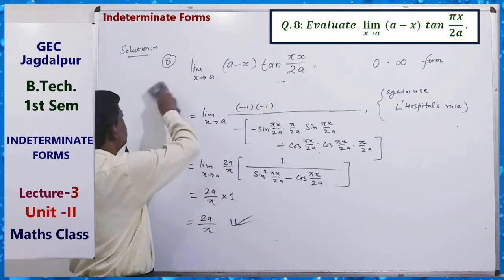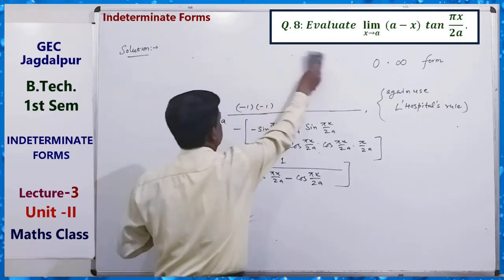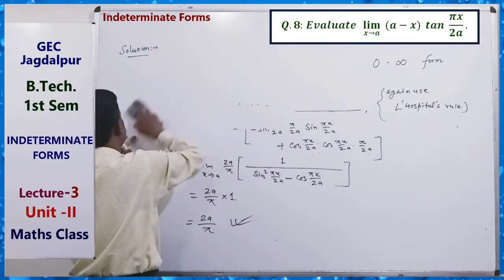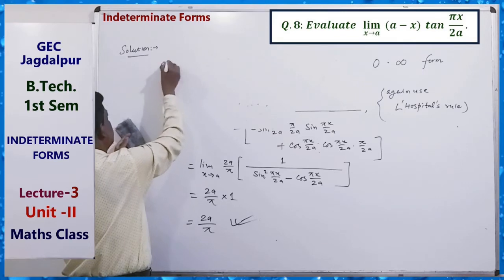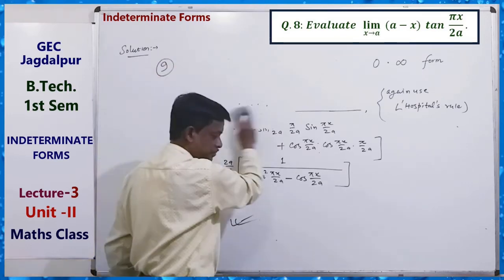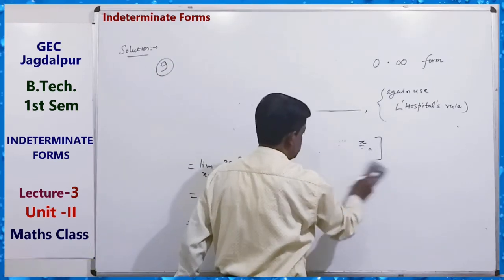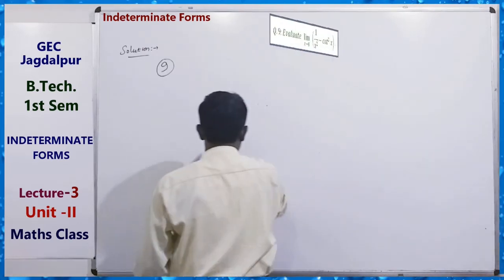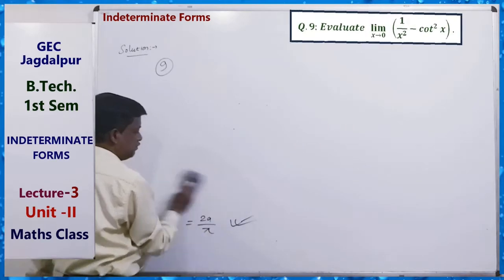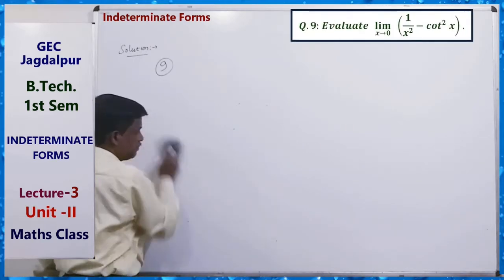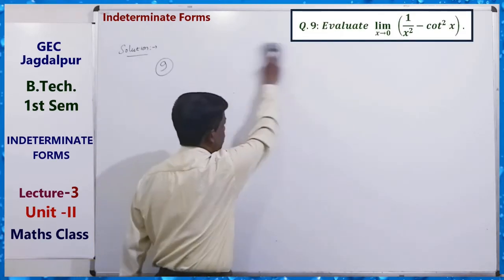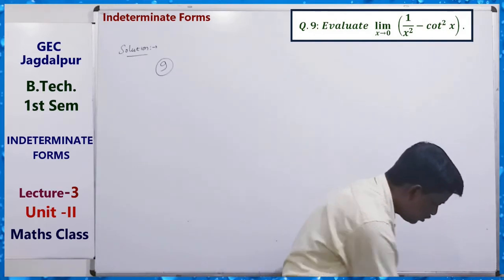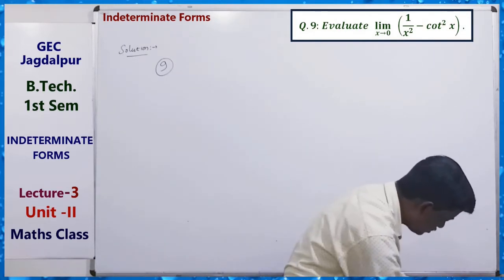Okay. Now take another indeterminate form, just like 0 power 0 form, and 0 power 0 form can be used.